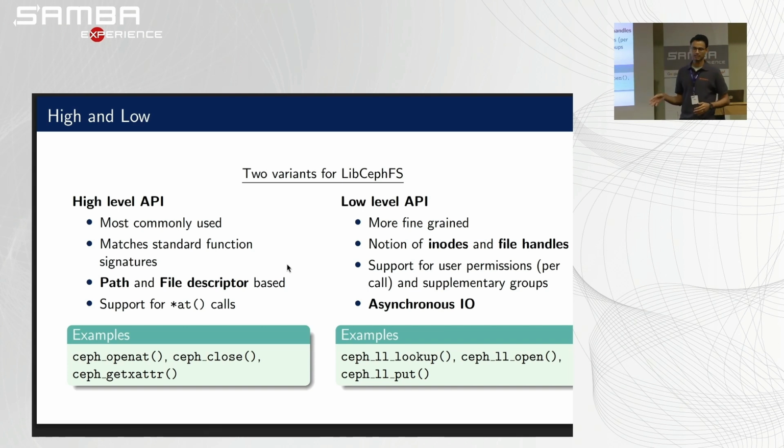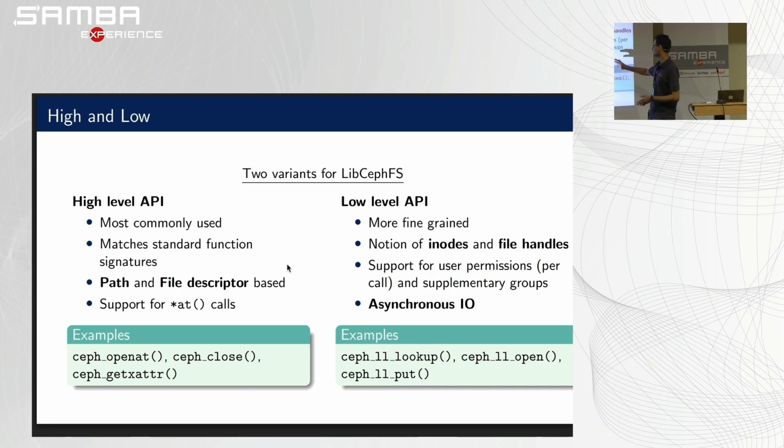On the other side, the low-level API is more fine-grained, focused on inodes and file handles. It has support for specifying the permissions per call, and also support for supplementary groups. I put this point here because this is the trigger for creating the new module. It is one of the key reasons that we looked at implementing a new module using the low-level APIs.